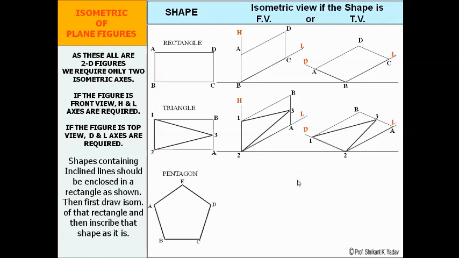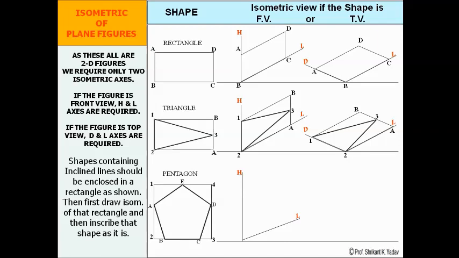Now the next shape is the pentagon. Again the pentagon has inclined lines, so we'll first enclose this pentagon in rectangle 1, 2, 3, 4. Then for transferring the pentagon on the isometric vertical plane, first we will draw the reference axis, then we will draw the axes L and H, which make 30 degree and 90 degree angles with the reference axis.